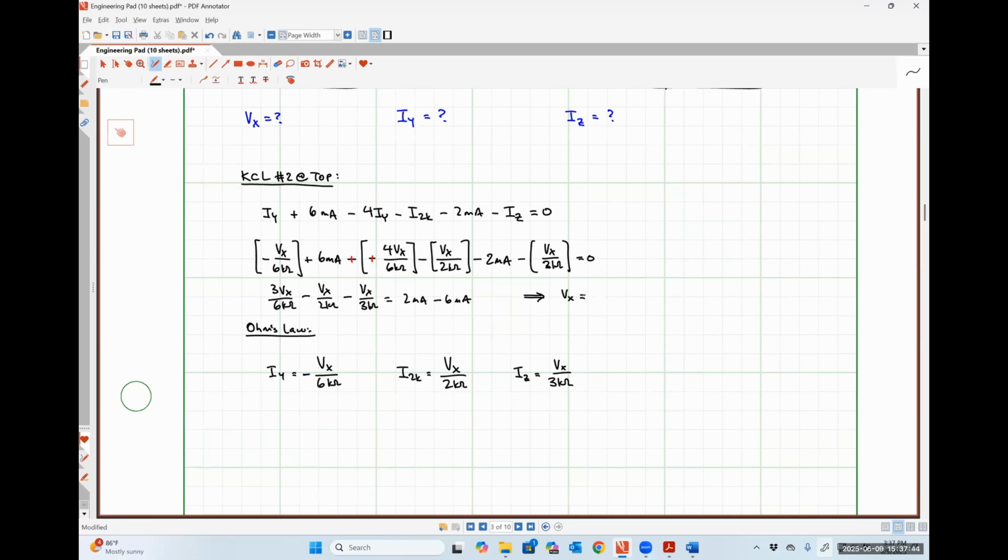So let's see, 3x over 6,000 minus x over 2,000 minus x over 3,000 is equal to negative 0.004. When I solved this in my calculator, I got Vx to be equal to 12 volts.